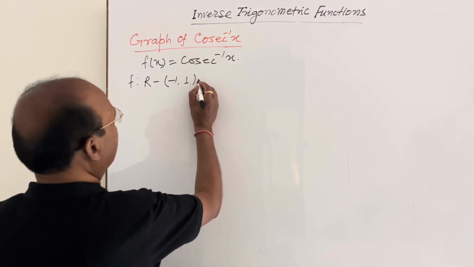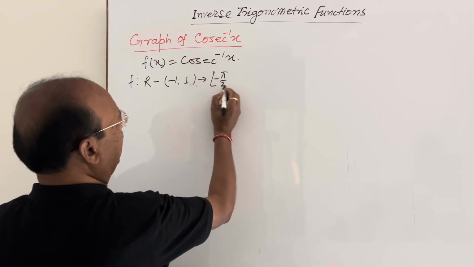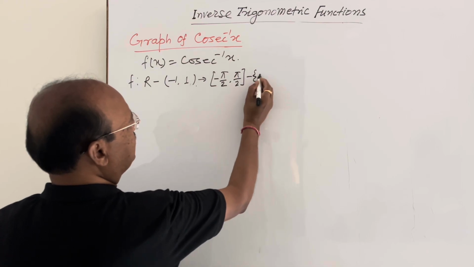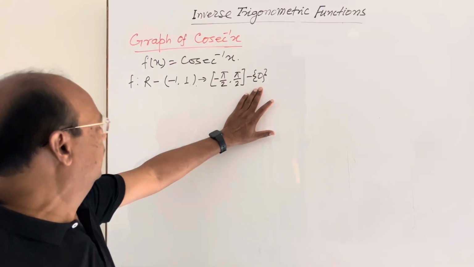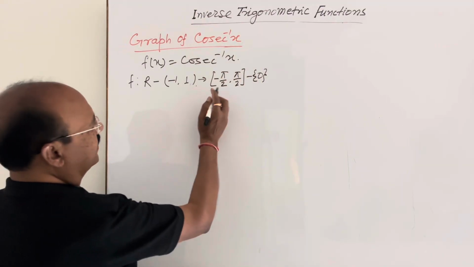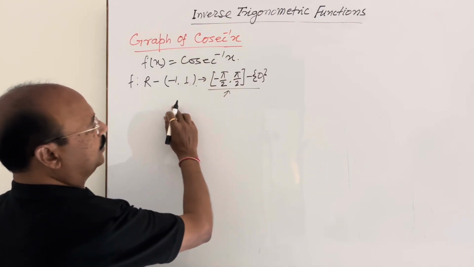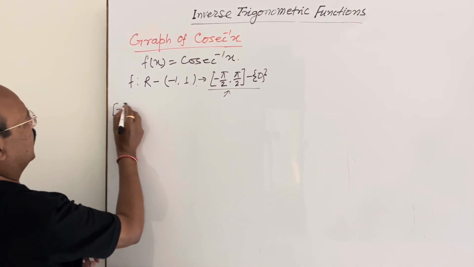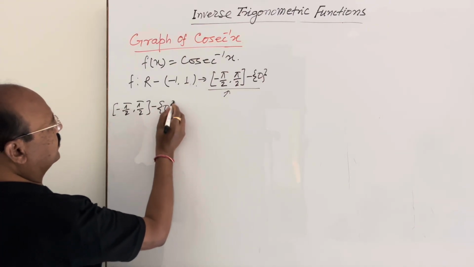And its range is the closed interval minus pi by 2 to pi by 2, minus 0. 0 will not be a value of cosec inverse x, correct? This range of the function cosec inverse x is called the principal value branch of this function.